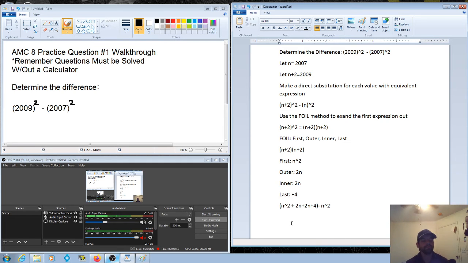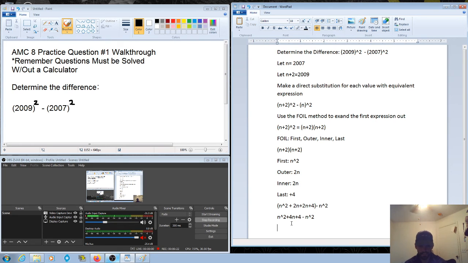Now I want to clean this up a little bit to see what I can either cancel out or combine as like terms. The first thing I'll notice is that I can combine the 2n and the 2n, so I'll do n squared plus 2n plus 2n, which is 4n, plus 4 minus n squared.